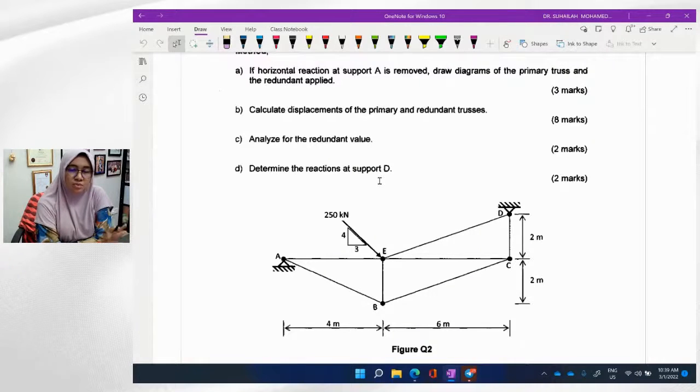Of course, this question can also be solved using stiffness method, but we have more than 3 unknown reactions that we cannot solve manually. But we can analyze this type of question using flexibility method because in flexibility method we determine the redundant first. The redundant is forces, not displacement. But in stiffness method we determine displacement first, so once we get displacement, then only we can get reaction.